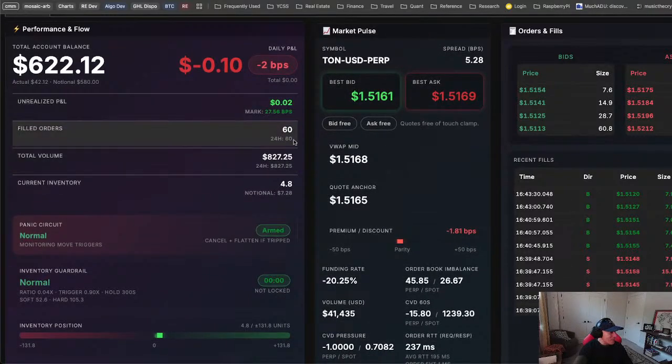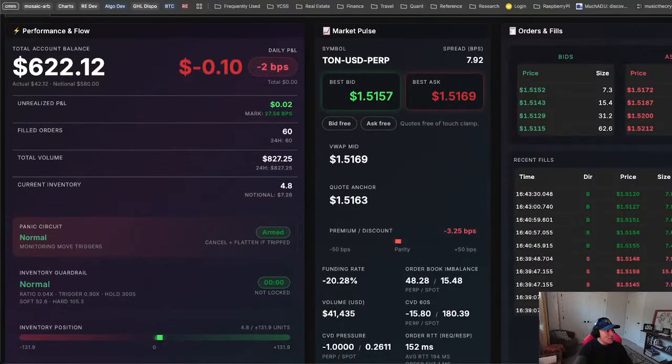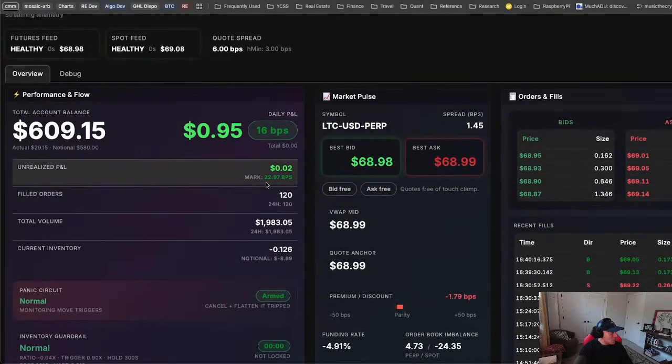And actually, what we see is we got 60 trades, surprisingly, traded about $800 in notional volume, but roughly flat. And then finally, we got Litecoin here, 120 trades, doing decent, up 16 basis points.